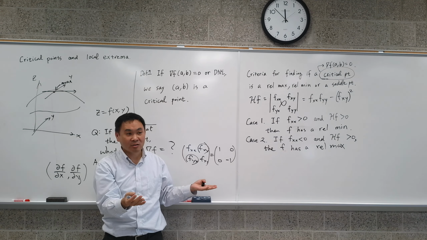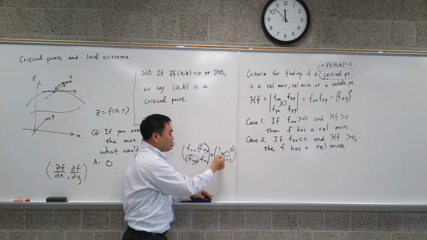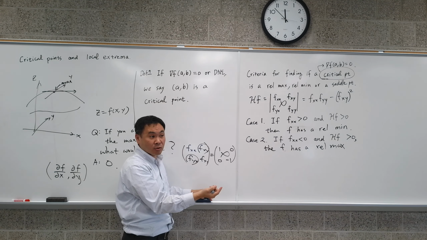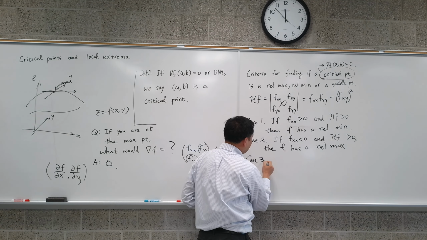saddle point, right? And as you can see, what's the determinant here if you took the determinant? 1 times negative 1 minus 0 gives you negative 1, right? So that's exactly what happens in case 3.